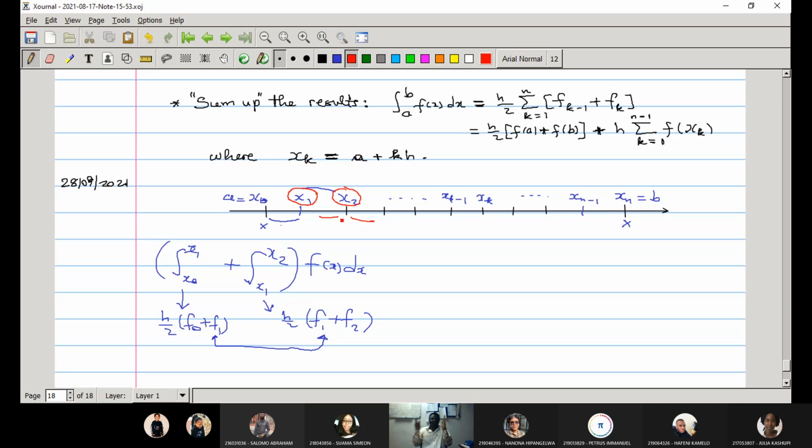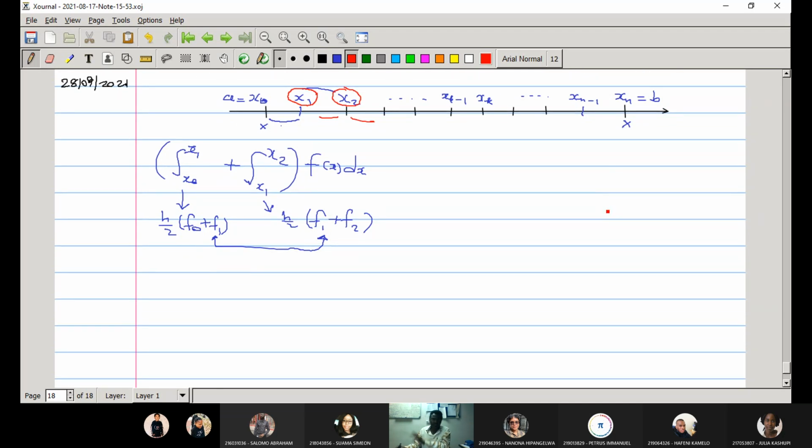The subintervals that share x1, x2, up to xn minus 1, all those subintervals, when we sum them up, this will appear twice. So at all these inner points, the evaluation of the function at the point will appear twice because that point is shared by two subintervals, except the first and the last one.